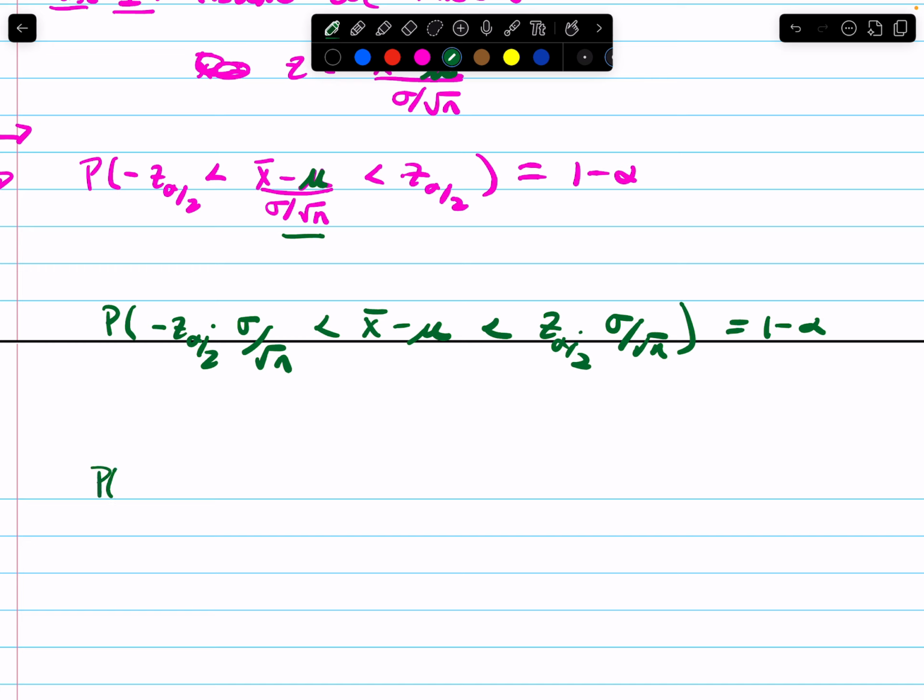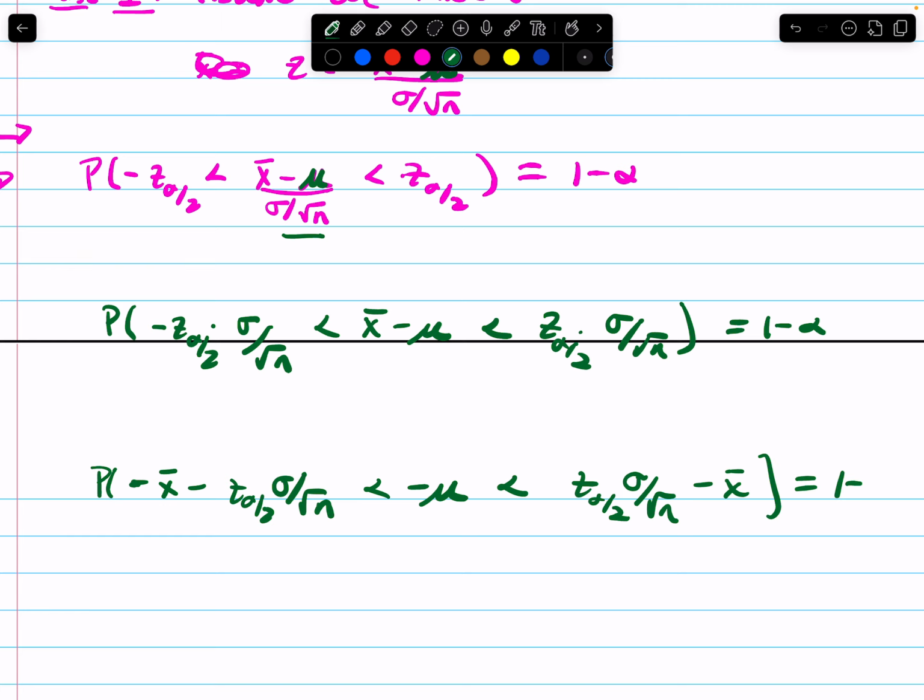So I have minus x bar minus z alpha over 2 sigma over the square root of n less than minus mu less than z alpha over 2 sigma over the square root of n minus x bar. So I just subtracted x bar from all 3 sides, and I get 1 minus alpha there.